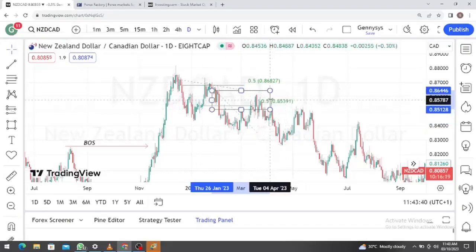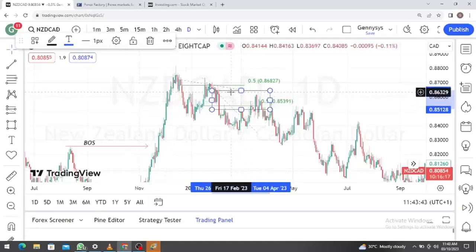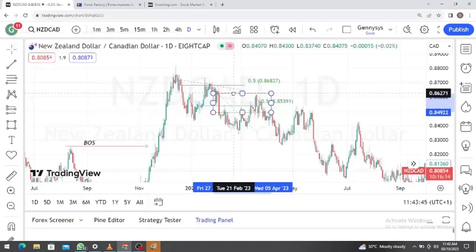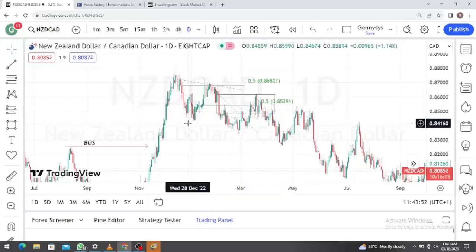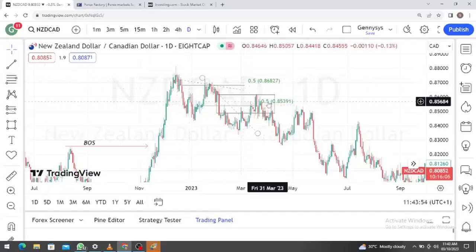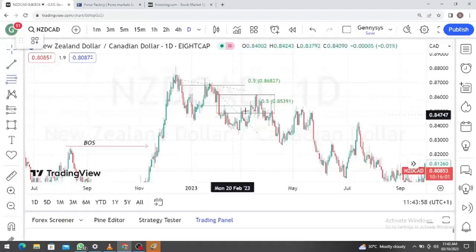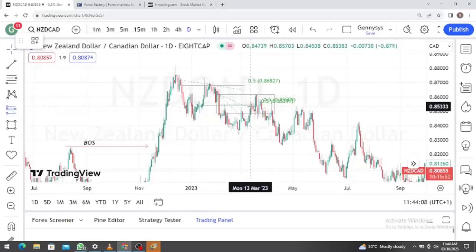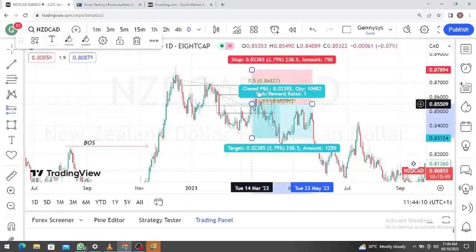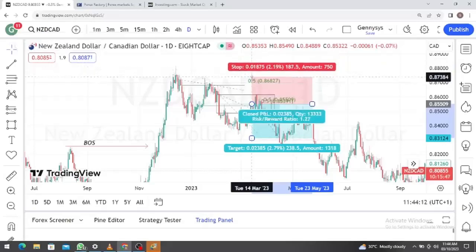So what do we do? I would mark the imbalance, just the imbalance, and at about half of that imbalance, that is where I'll place my trade. 50% of the imbalance from up here to here, I'll place the sell there, put the stop loss above.